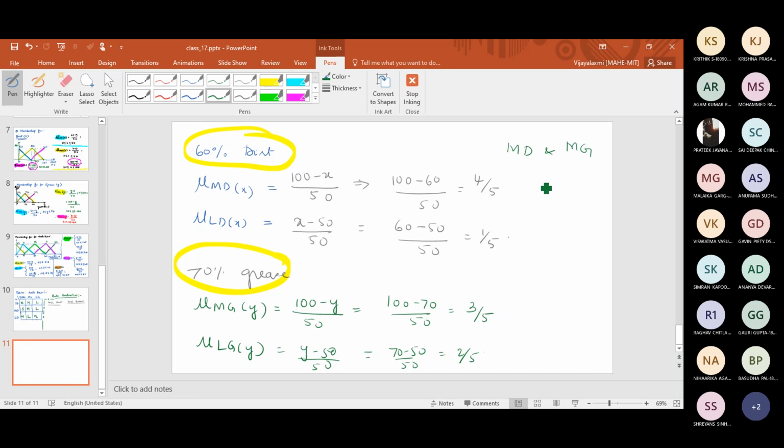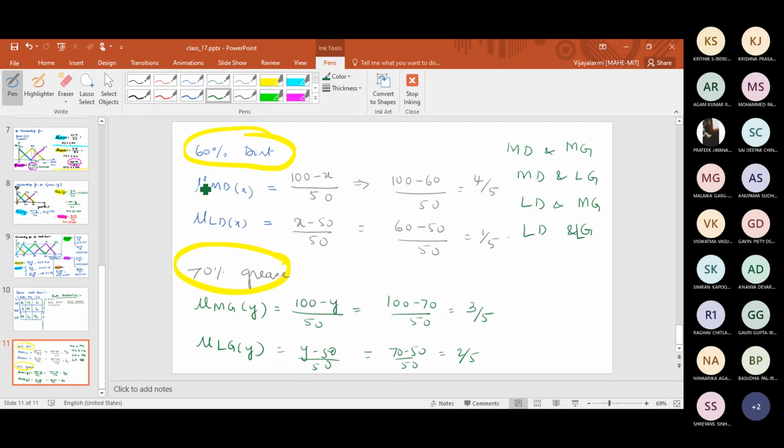Second one is medium dirt and large grease. Third combination is large dirt and medium grease. Fourth one is large dirt and large grease.